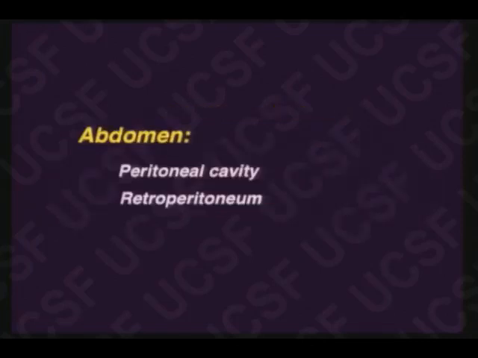Within the abdomen, as you're well aware, there are 2 large spaces: the peritoneal cavity, which is, of course, the largest potential space in the human body, and the retroperitoneum. We usually think of the peritoneal cavity as empty, which is generally appropriate, but in fact, it usually contains about 25 cc's of fluid, which circulates about once every 24 hours.